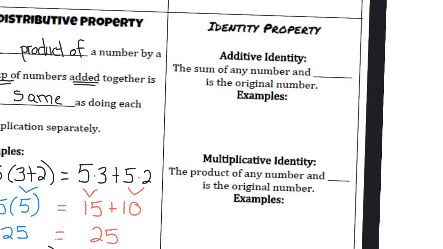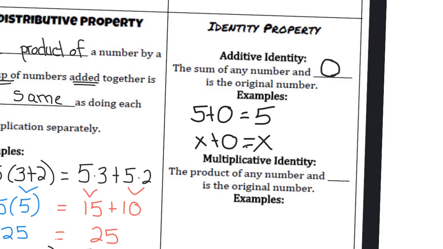The sum of any number and 0 is the original number. So if I do 5 plus 0, it's 5. It doesn't change the identity. Same thing with x plus 0, it's still x because nothing has been added to it. So that's what identity property means.